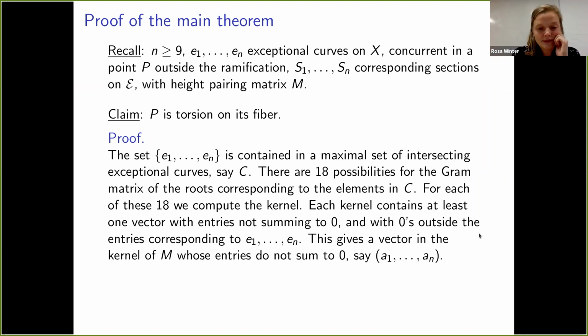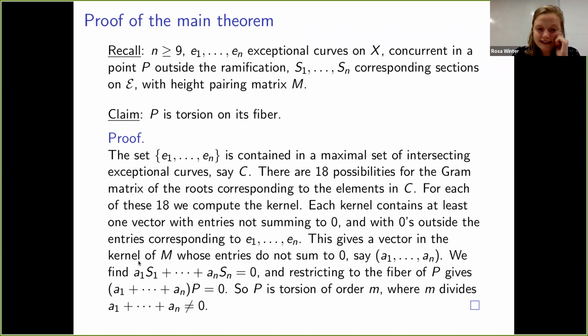And then we find, as I said before, that this linear combination of sections is 0, and restricting to P gives exactly this equation, which we saw before. And P is torsion of order m, where m divides this number. And since we found this to be non-zero, it's really a torsion point.